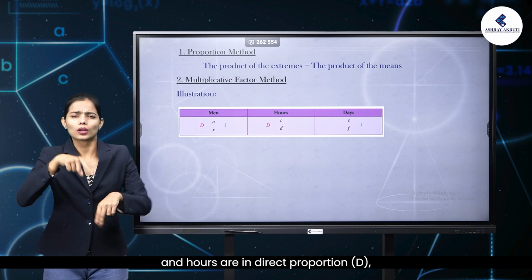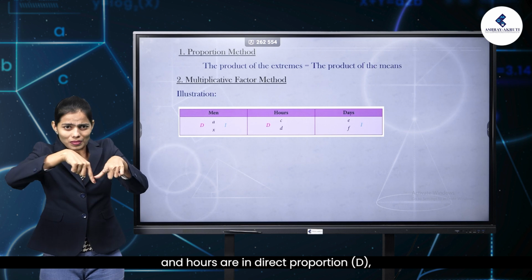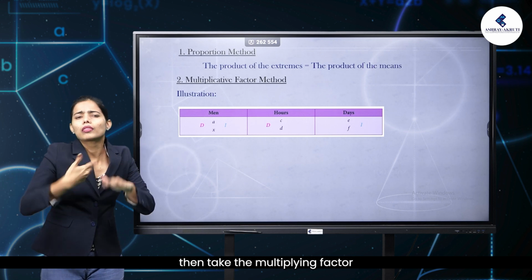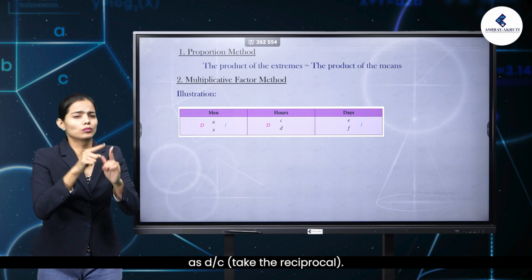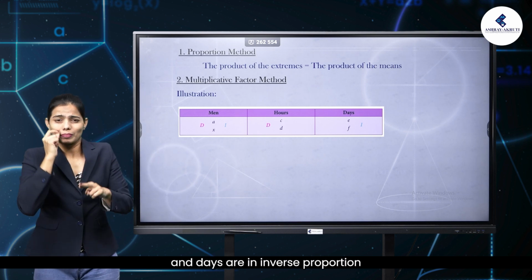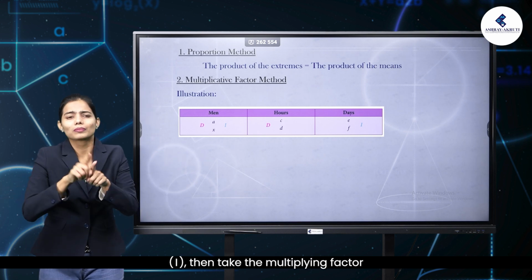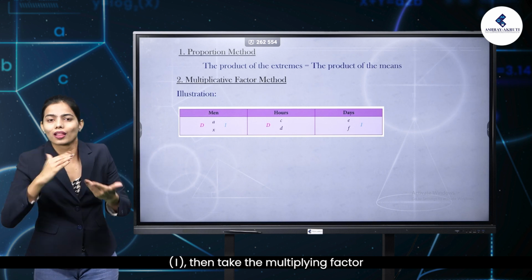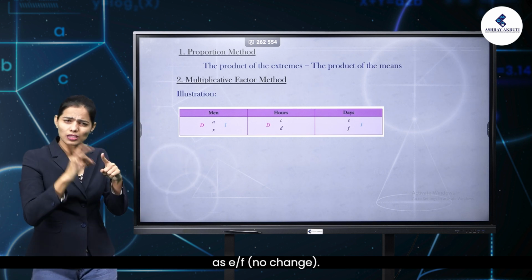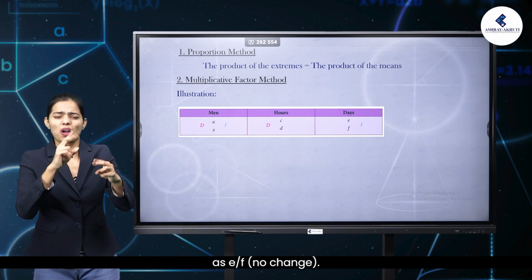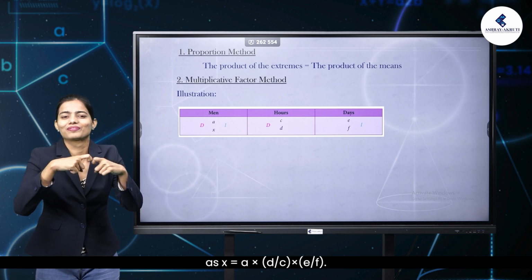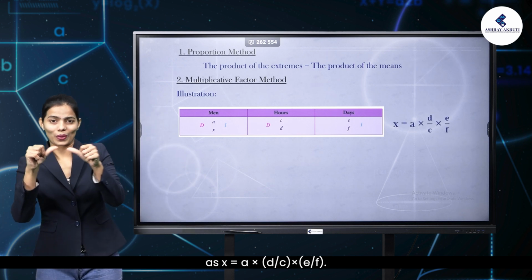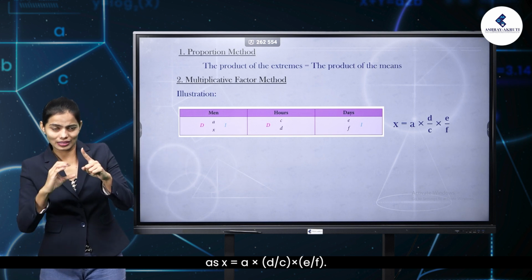If men and hours are in direct proportion, a by b, then take the multiplying factor as d by c, the reciprocal. Also, if men and days are in inverse proportion, then take the multiplying factor as e by f, no change. Thus, we can find the unknown x in men as x is equal to a into d by c into e by f.